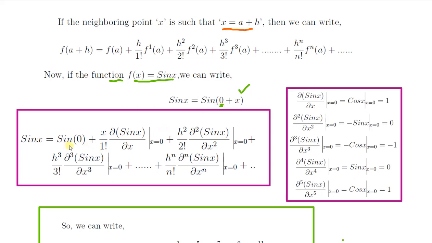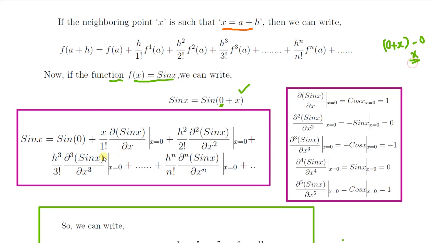So value of the function at the point 0, that is sin 0, plus h. Instead of a plus h, it is 0 plus h, so 0 plus x minus 0, that is x.